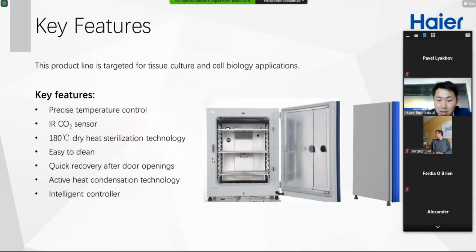It is easy to clean, with no sharp corners inside, because the inner cabinet is pressed in one piece. There is quick recovery after door openings, active heat condensation technology, and an intelligent controller. This is the inside view of the equipment.